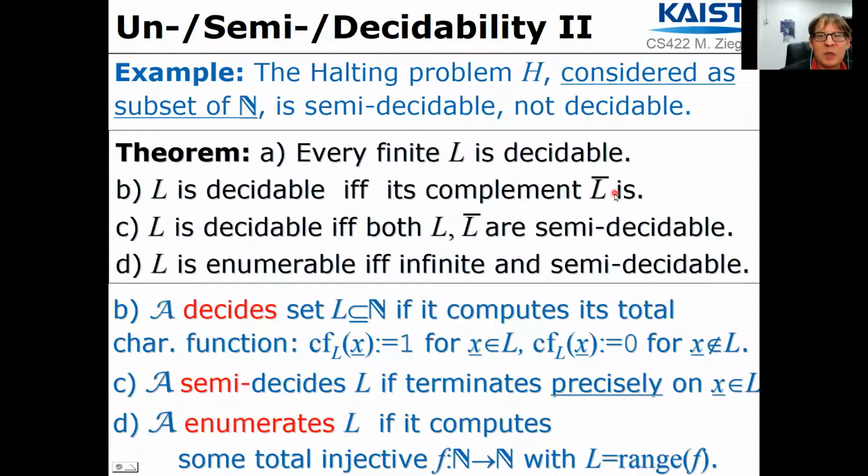It will output 1 whenever the argument does not belong to L, belongs to L prime, L bar, and will output 0 if the argument does belong to L bar, it does not belong to L bar.